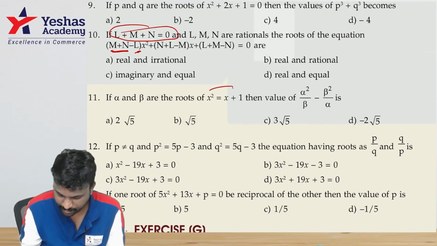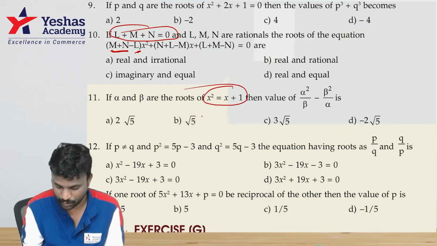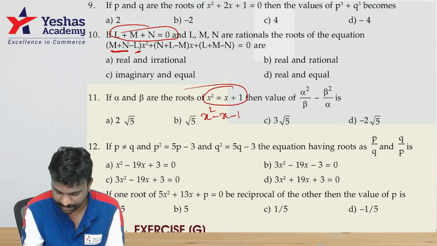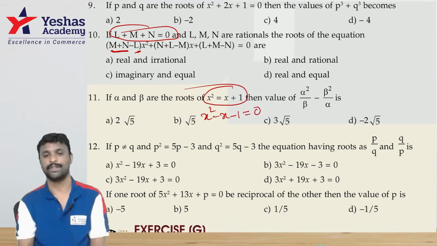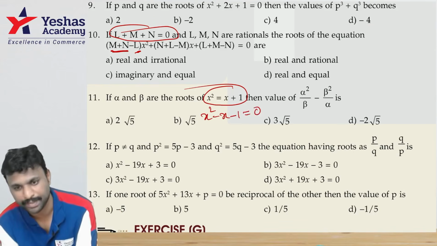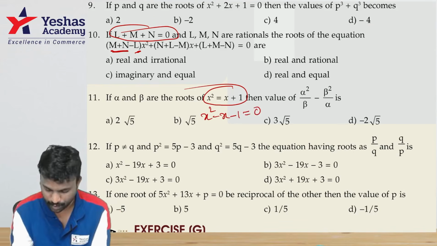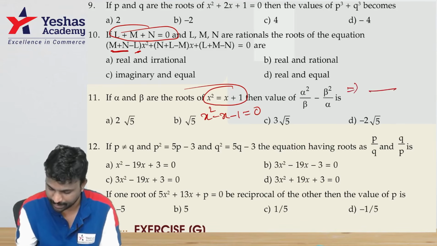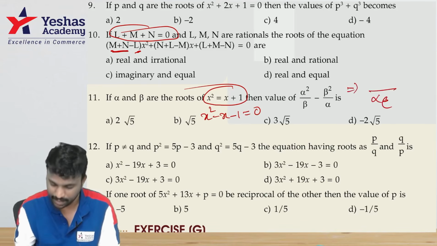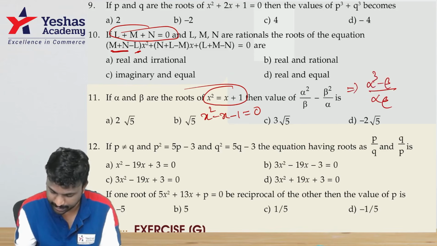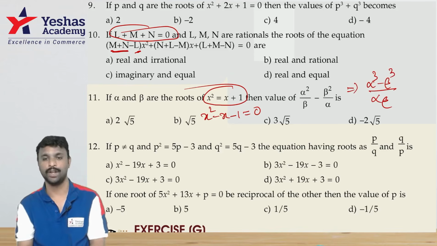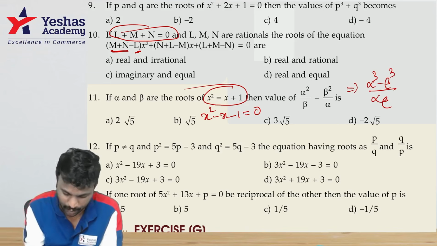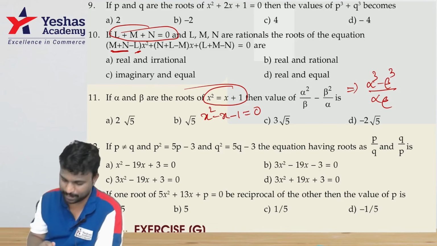Is it factorizable by any chance? X square minus x minus 1 equal to 0. Definitely this is not factorizable. So what we need to do is simplify this by taking the LCM, alpha into beta, so it's alpha cube minus beta cube. You understood? Alpha cube minus beta cube. What is alpha cube minus beta cube?